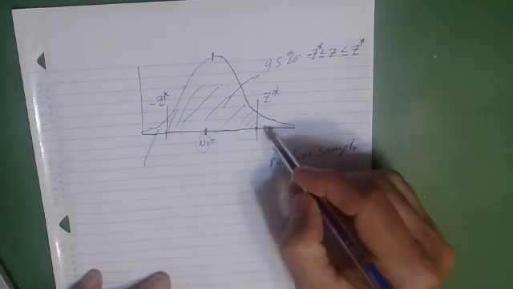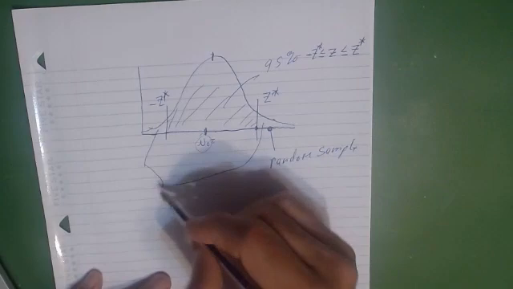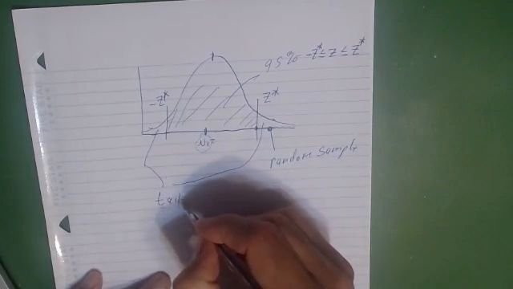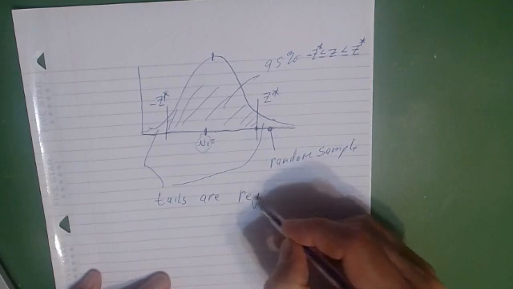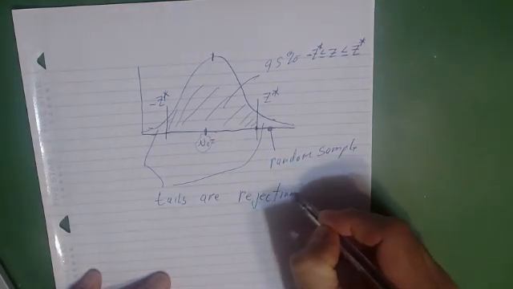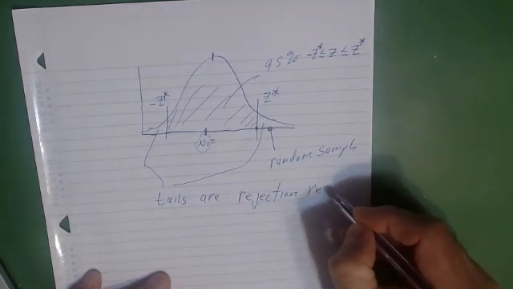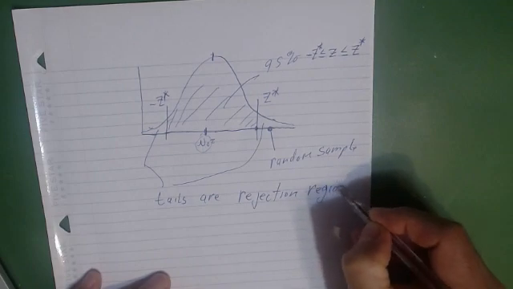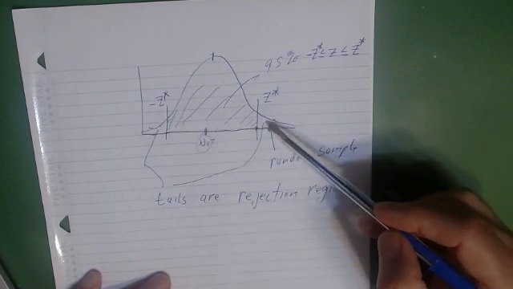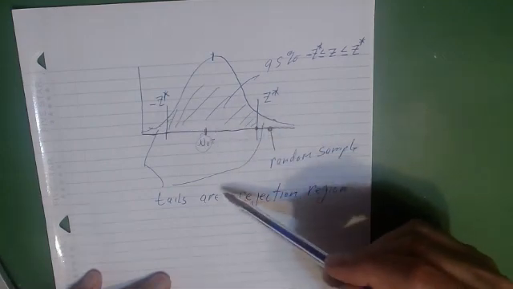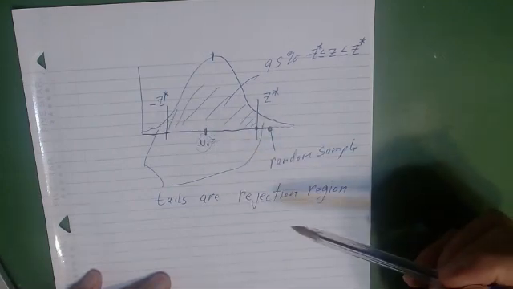So the tails are the rejection region. Okay, if you get something in the tails, you reject the null hypothesis.